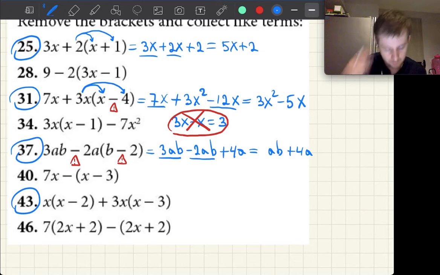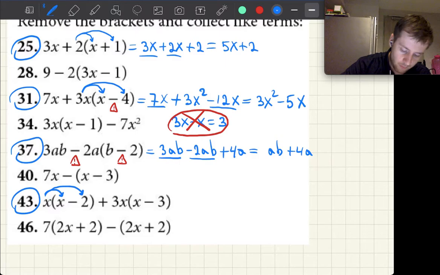Okay, next one. Here we have 2 brackets, so that becomes more complicated, actually not that much. Okay, so let's do it. Again, I'm drawing these arrows, it's not strictly necessary, just a kind of visual assistance.